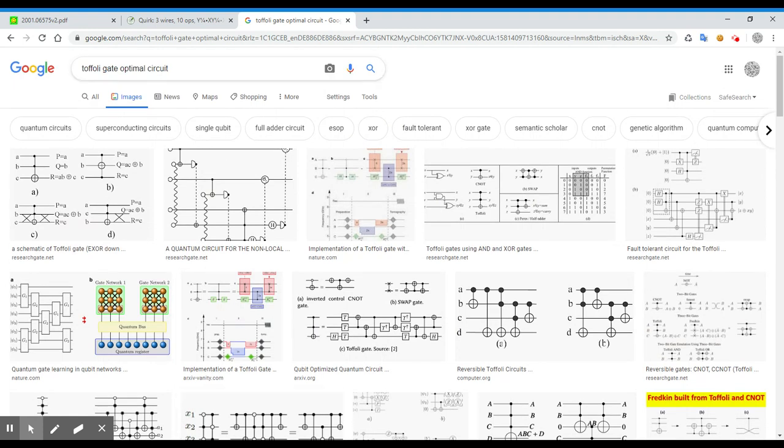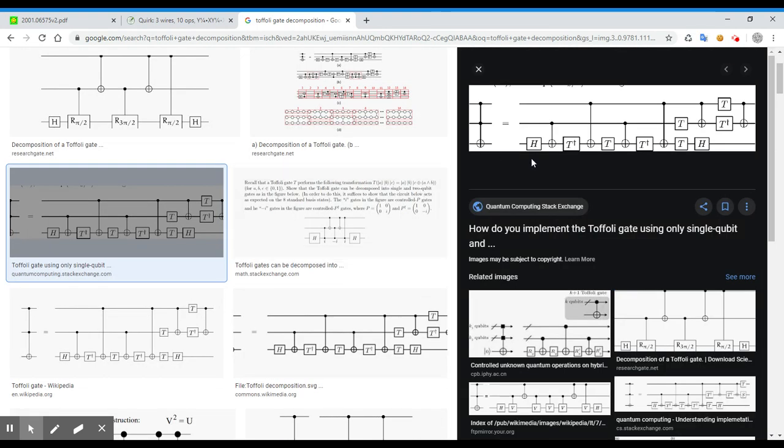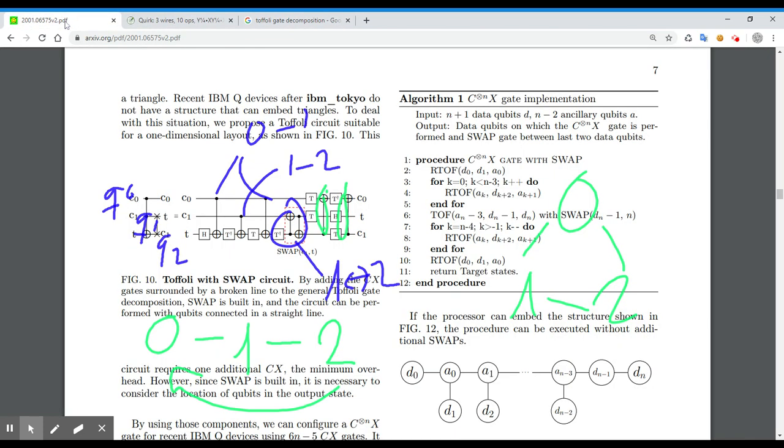Toffoli gate decomposition. I think I've seen that. Oh yeah, that's it. Okay, that's this. Is it this? Yeah. So we've got 1, 2, 3, 4, 5, 6 control X gates. Seems to be like that. And here you've got connectivity between 1 and 2. Yeah. 1 and 2. Okay.